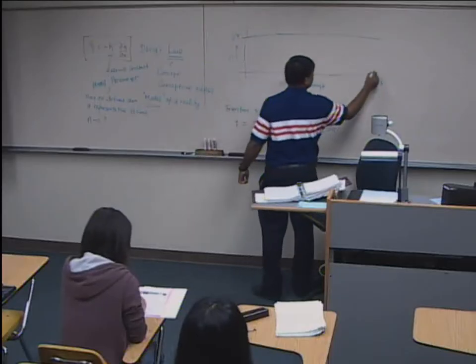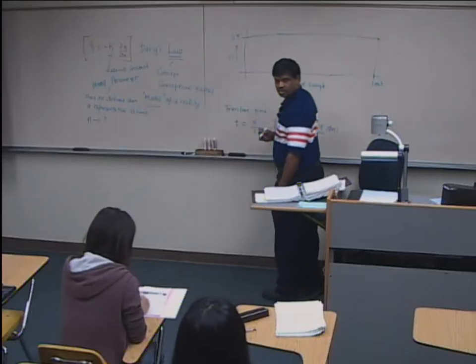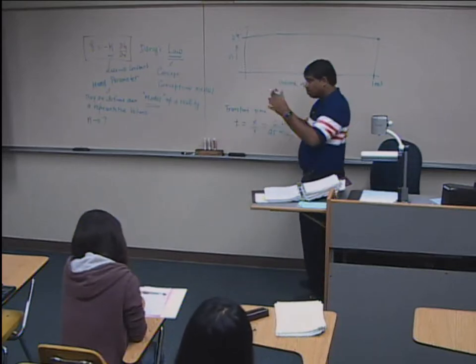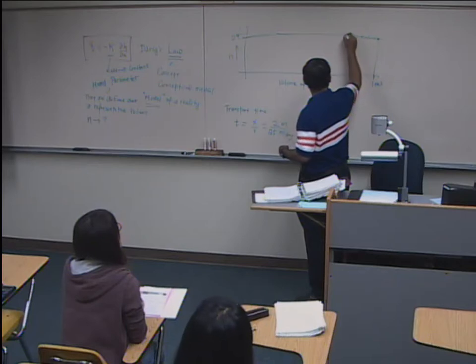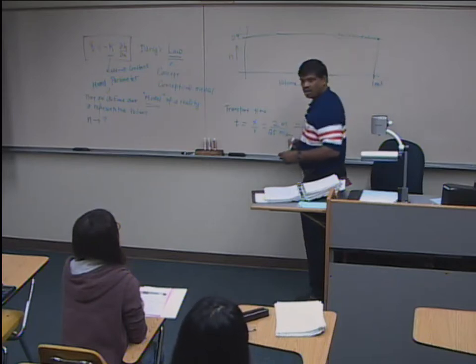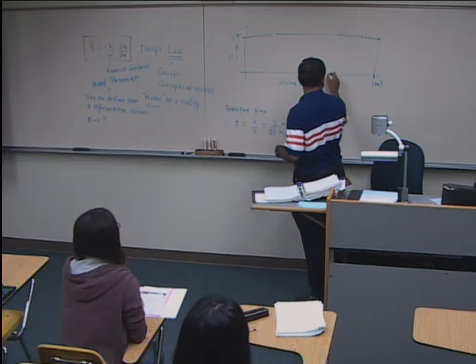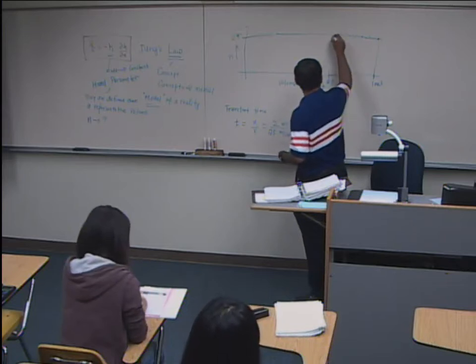So at 1 meter cube it is 0.4. Now I'm going to make this cube smaller. It will oscillate around this. Then let's say I come to 0.1 meter cube. Very similar.